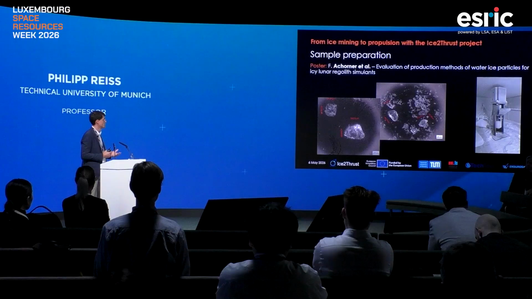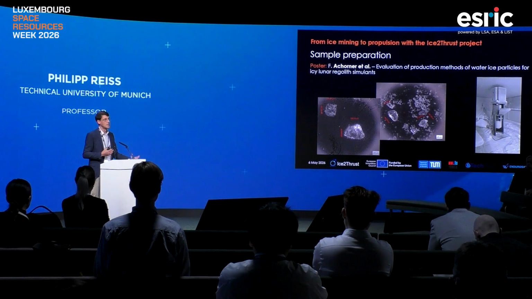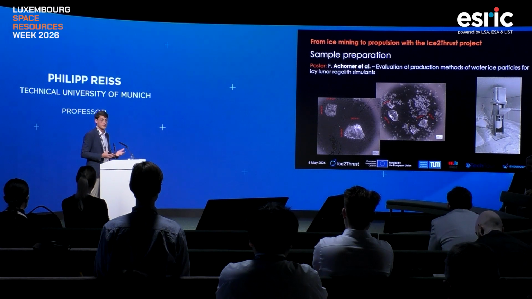Another poster I would like to point you to is the one of Florian Achon, another PhD student in my team, who's also here. He is looking into the preparation of the sample because, as you know, we don't quite know what to expect on the moon in terms of forms of ice, shapes of ice, concentrations, and so on. So we want to investigate a range of different possibilities here.